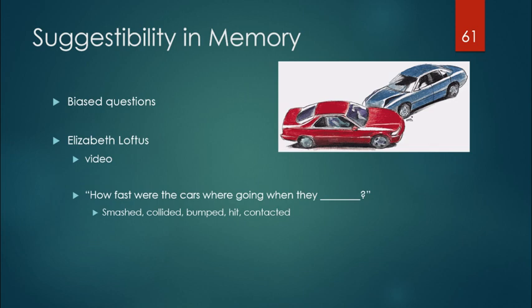So Elizabeth Loftus came into the memory field at a time when there was this plague, I guess you could call it, of satanic cults. I think most of you in this class are probably too young to remember, but in the 80s and 90s, there was this idea that there's all these satanic cults in our country.